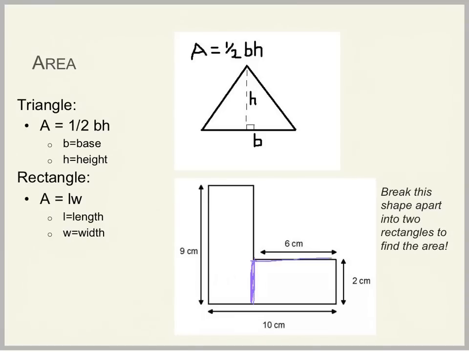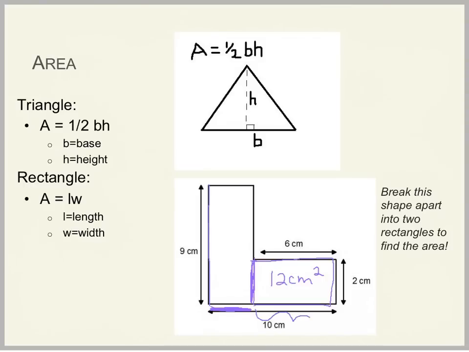Where my first rectangle, that's jutting out, has a length of 6 centimeters and a width of 2 centimeters. So I know the area of that would be 12 centimeters squared. I know the length of my next rectangle is 9 centimeters, but I need to find this width.